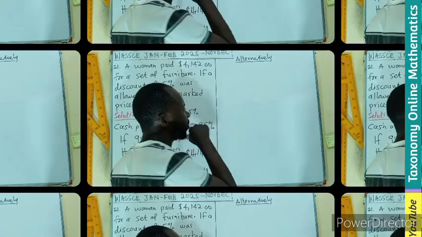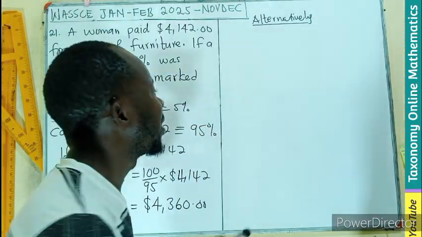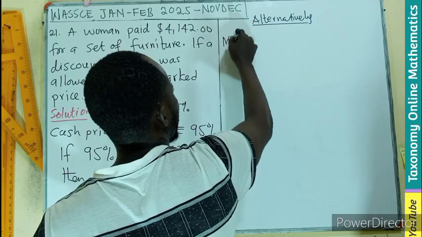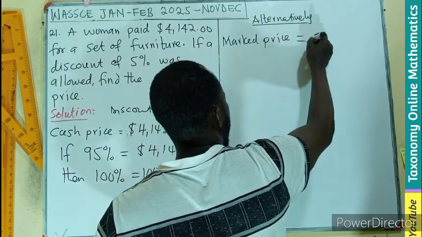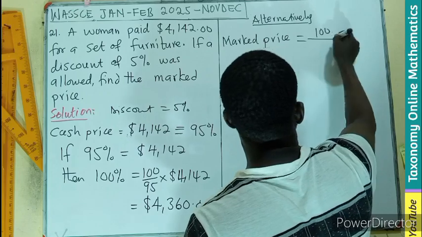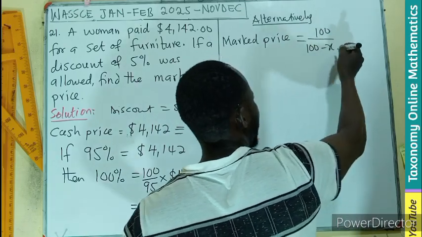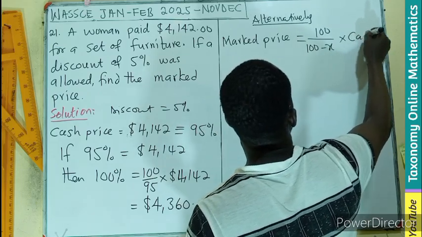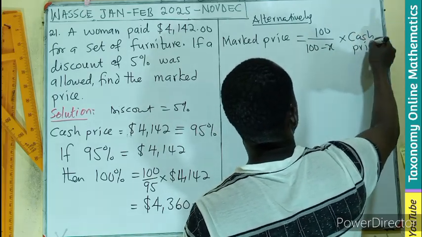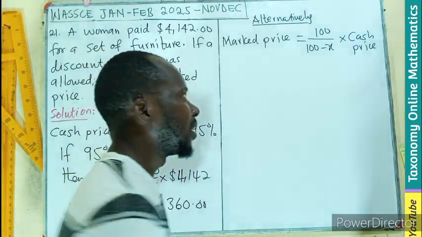Now, alternatively, we can also pick it in the formula approach, as in knowing that mark price equals 100 over 100 minus X, or in percentage, times what? The cash price. That is the formula if we want to quote the formula.